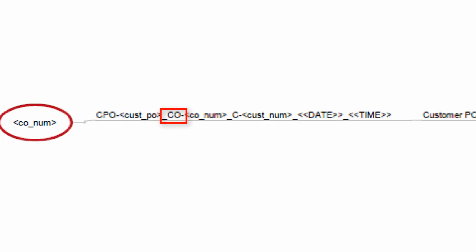After that is an underscore and the characters CO- to indicate that the next bit of information is actually the customer order number. Next is a C and a dash, followed by the customer number. The last part of the planned file name will have an underscore and the date, followed by another underscore and the time.